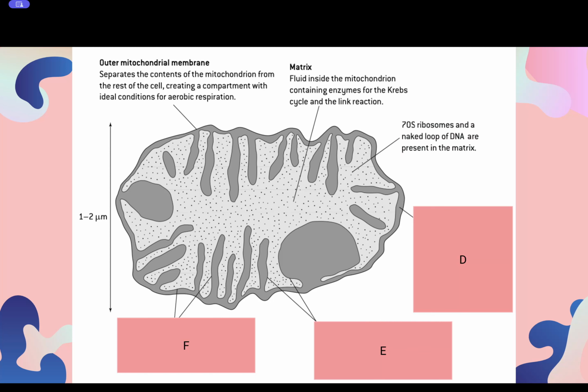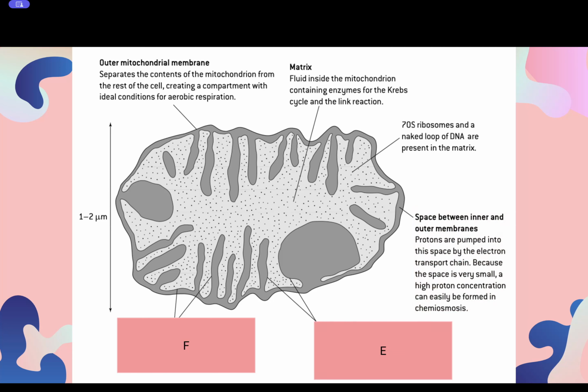You don't need to know that one. D is the space between the inner and outer membrane. So this is where the chemiosmosis and intermembrane space comes in. Since the intermembrane space is so small, the high proton concentration can be easily formed in chemiosmosis. So this adaptation is the most important one.